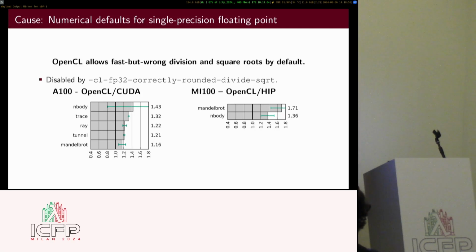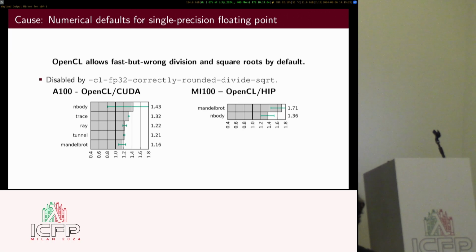One interesting difference that was a little bit depressing to discover is that by default OpenCL actually allows programs to be wrong. It allows the kernel compiler, remember, the thing provided by the vendor that compiles the kernel code to the actual GPU as machine code, to incorrectly round single precision floating point numbers. Probably this is for historical reasons, because all of this is originally based on graphics, compilers, and so on. So you actually have to pass a flag to OpenCL to tell it to not break my program.